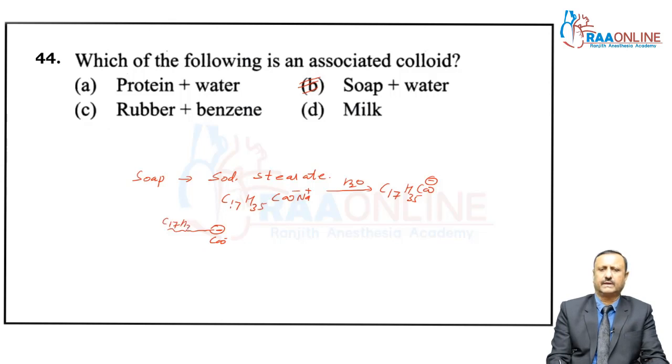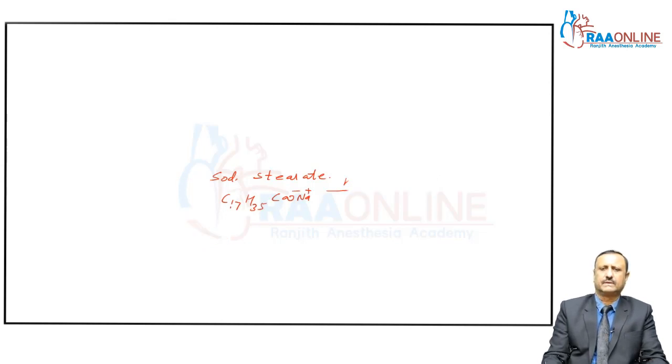So, my dear students, in a dirt particle you can see here the tail is dissolved in oil, this is called the tail. The tail is dissolved in oil, while, my dear students, this is the head, and this head is dissolved in water.